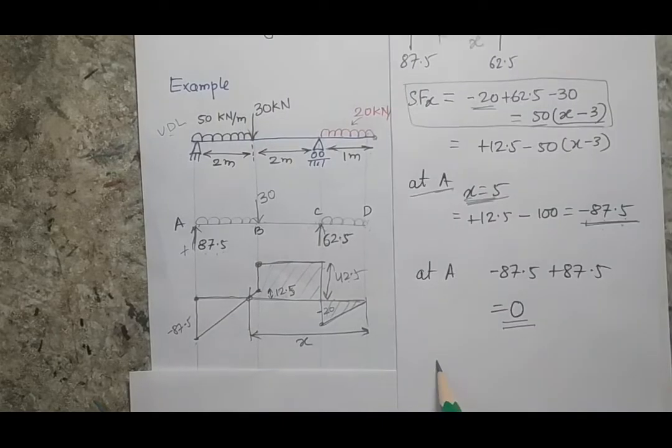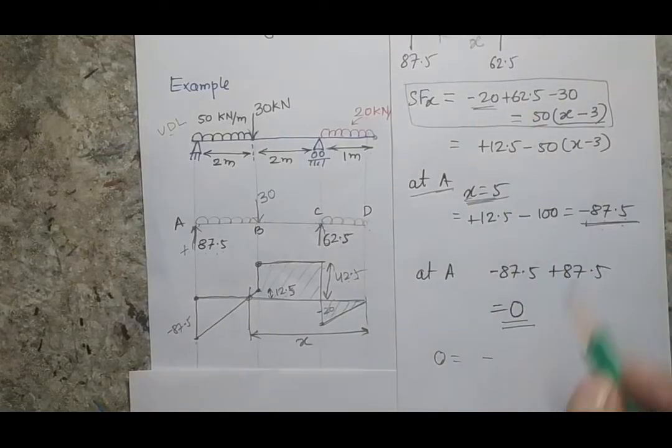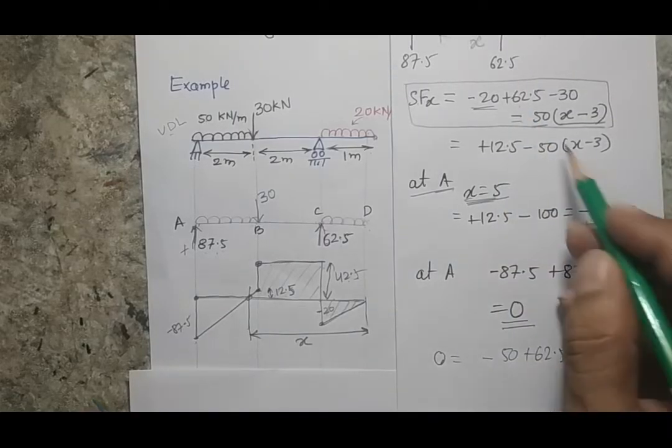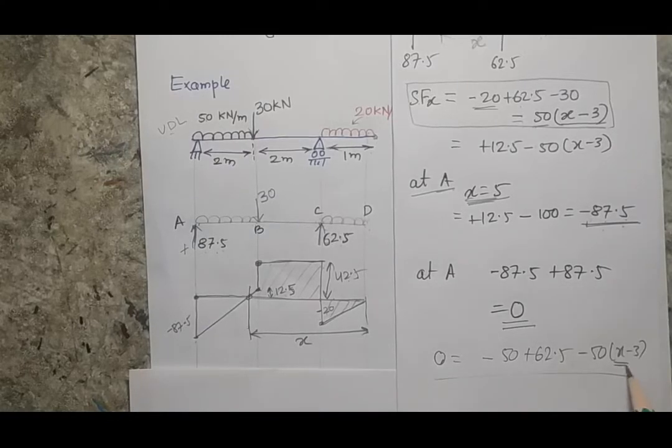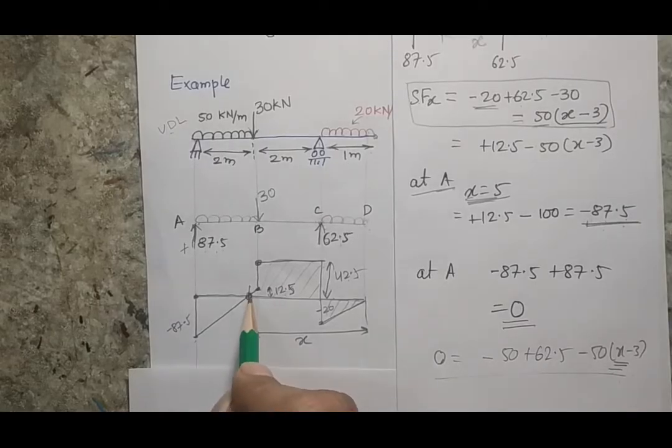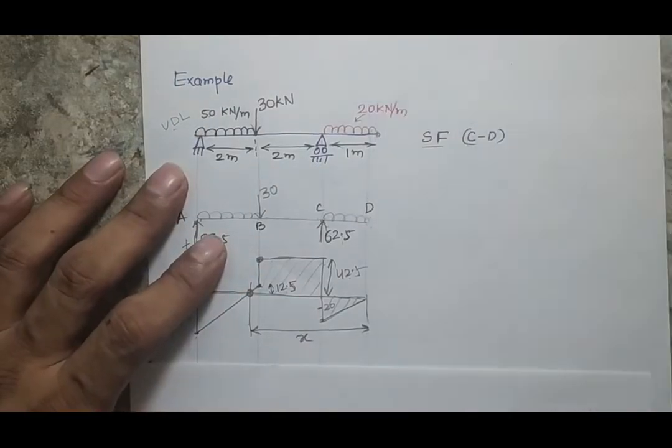So if I put shear force 0 here, my equation will be minus 50 plus 62.5, then minus 50 x minus 3. When I solve this equation, I will get an x value that represents the position where shear force is changing its sign. Now quickly see the bending moment.